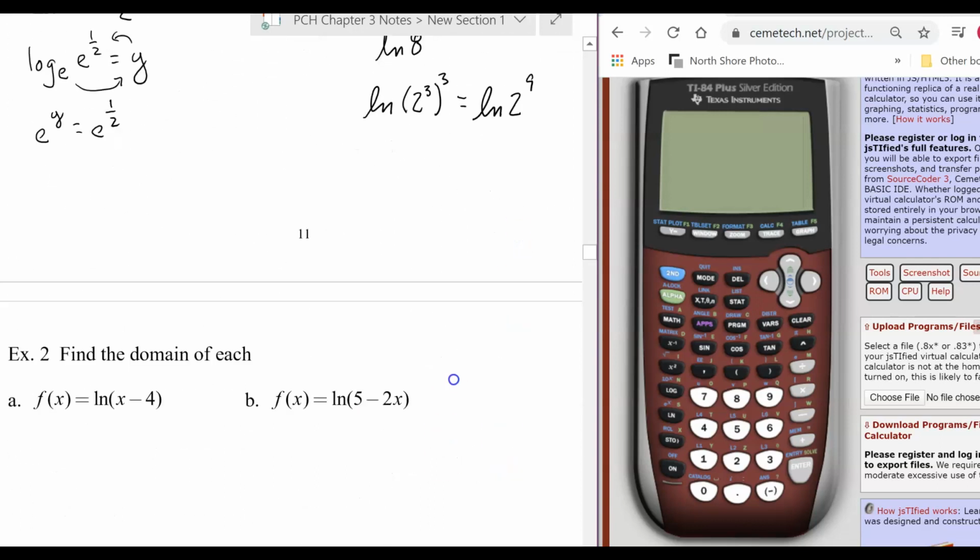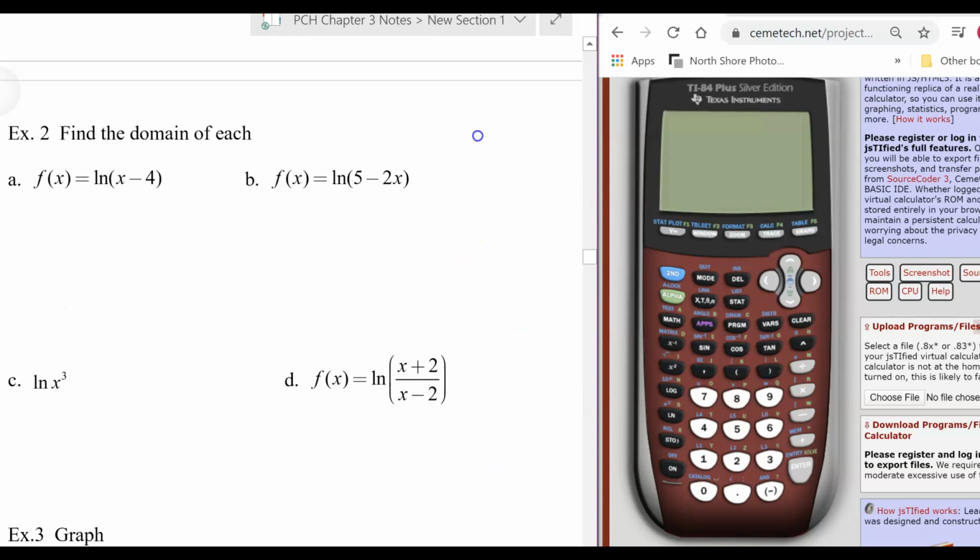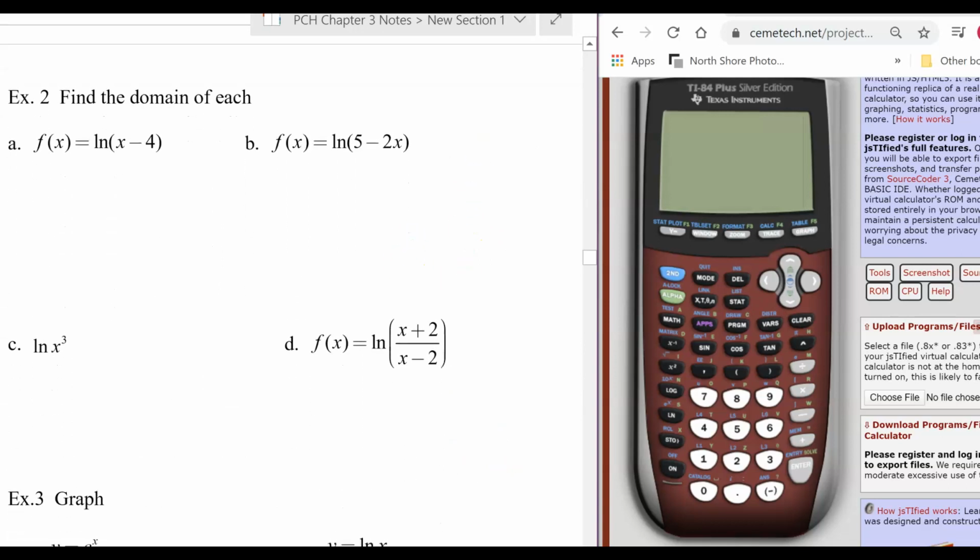Moving on, we want to find the domain of each. The natural log curve has a general shape that goes like this. This is going to be 1, 0. We see that our domain values, there's no x values that are going to be less than 0.